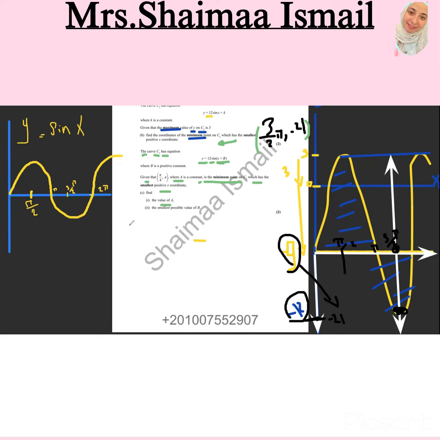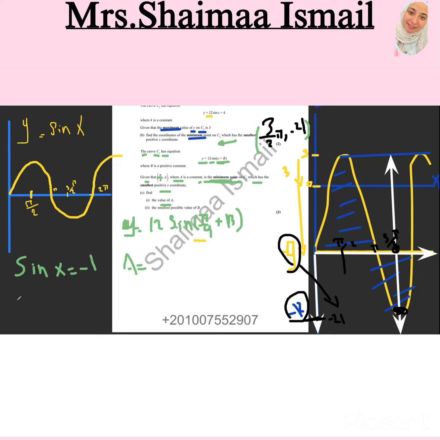Okay, we can substitute. Normally with substitution, instead of y, here he gives you y, you can make it a. He said y equals 12 sine (x plus b), with x equal to pi over 4. As you know, he gives this as a minimum point, and at the minimum point, sine of the angle is equal to -1.